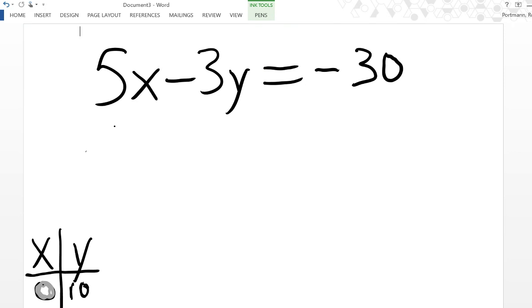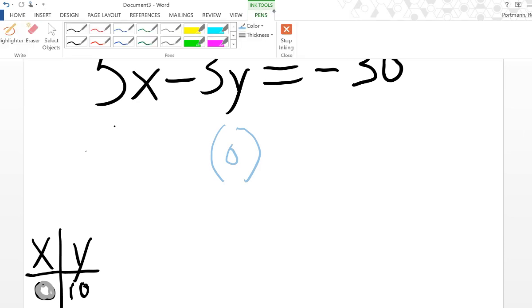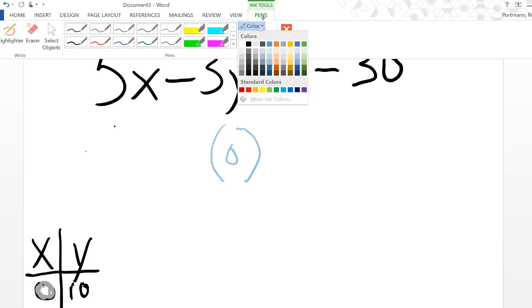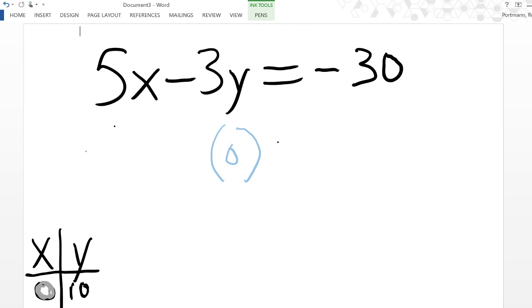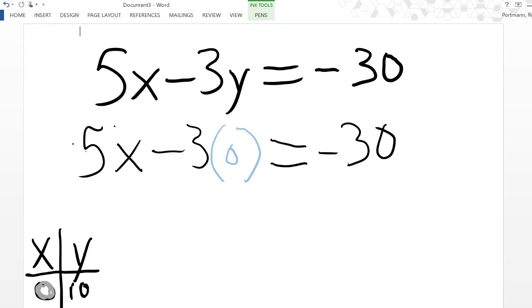Now, when y is 0, we're going to plug that in for y. So here's where our 0 is going to go. Guys, we're essentially canceling out one of the variables. The first time it's x, and the second time it's y. That's all we're doing. 5x, negative 3 times 0 is 0. This goes away.